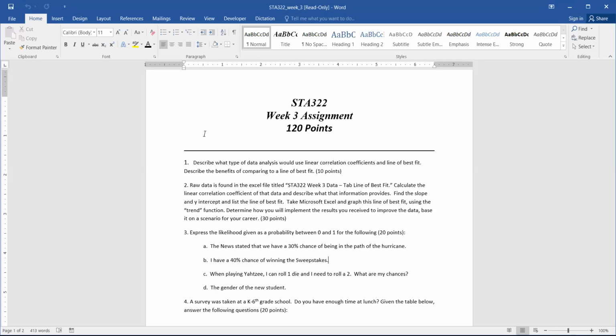Okay, so there's one example. We might look at it from a business side. We might be working for a manufacturing company, and our job might be to look at trends in the cost of raw material for our manufacturing.